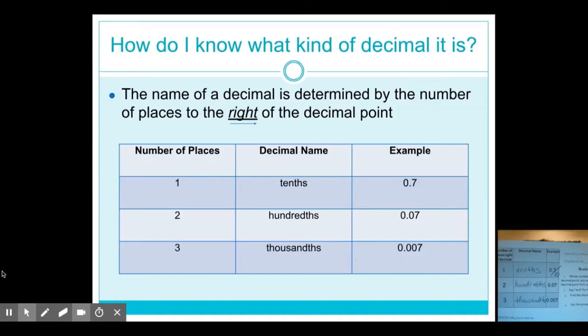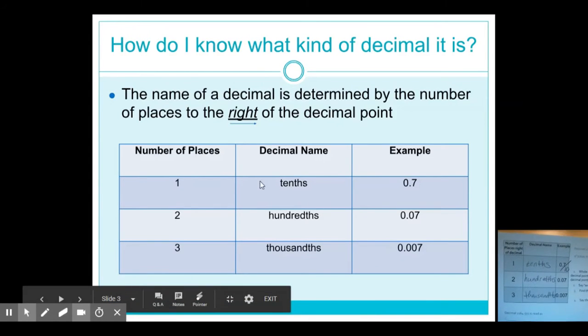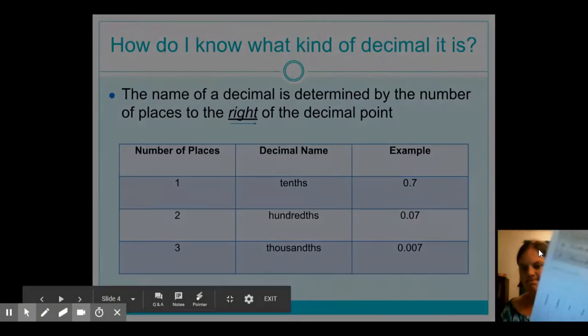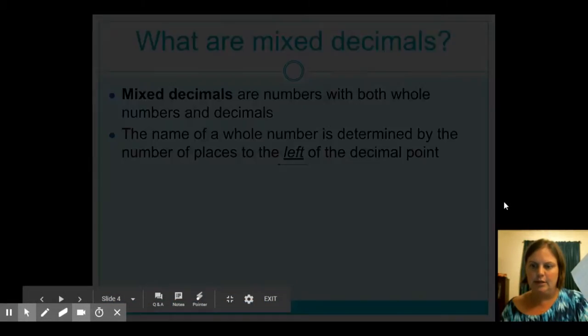The next one is hundredths, and that is 2 decimal places. So I hope you're looking at this video. I'm going to see if I can make my screen larger.